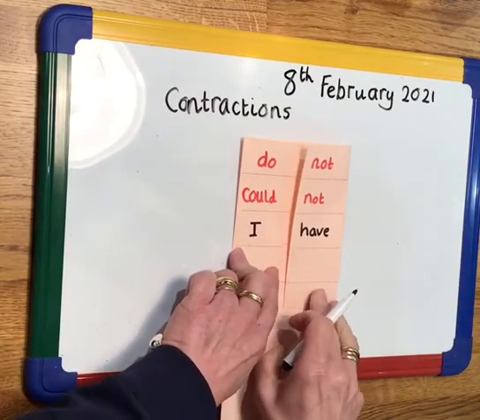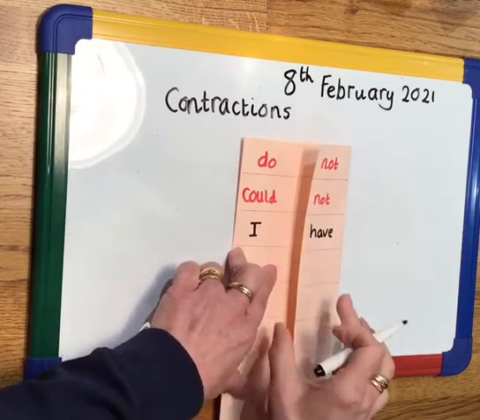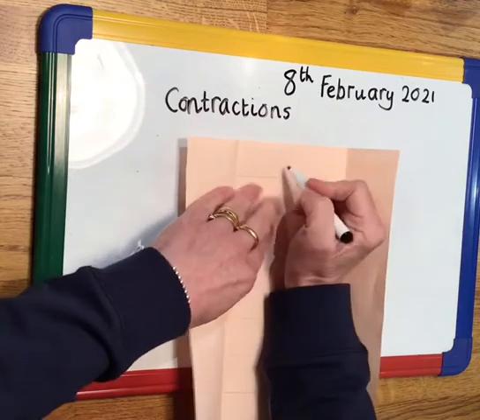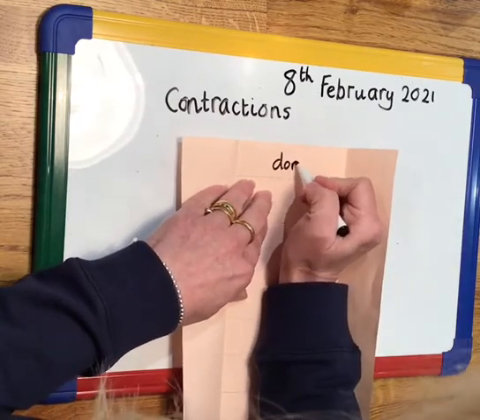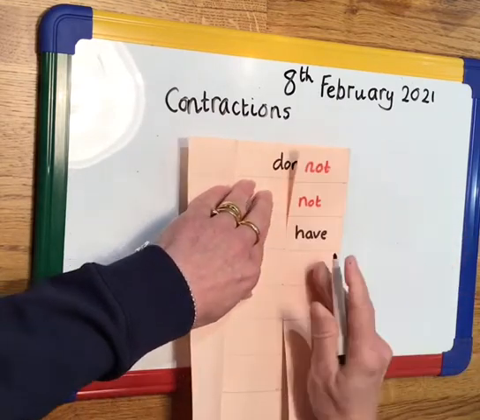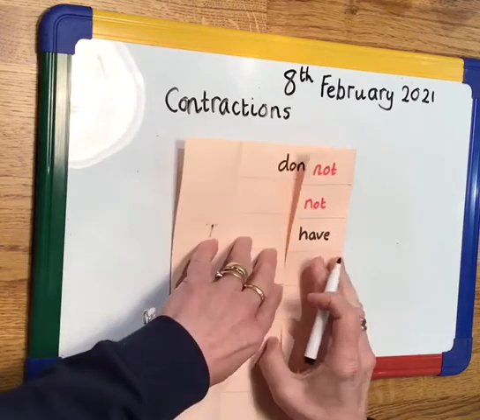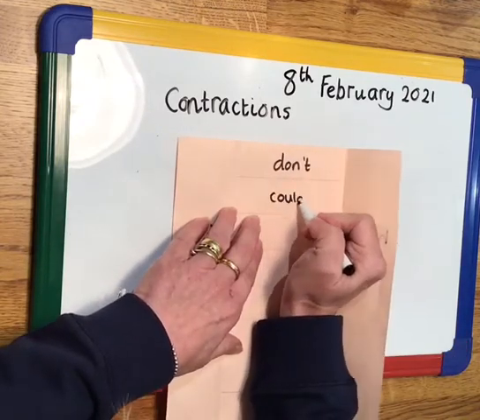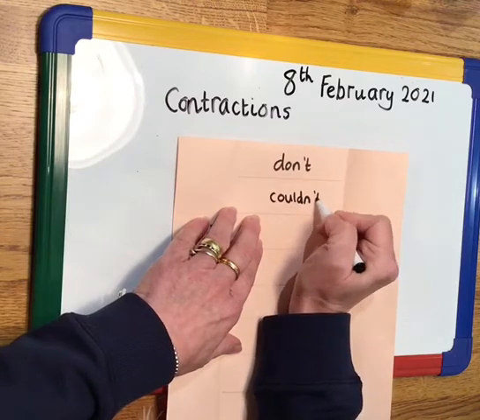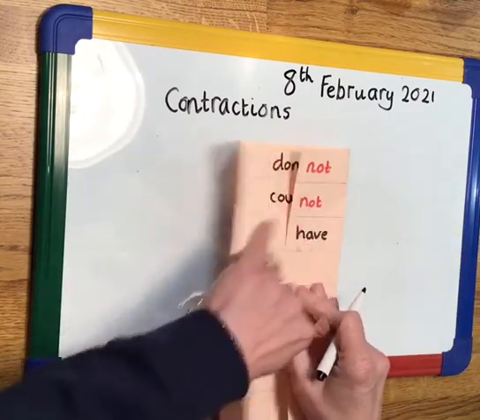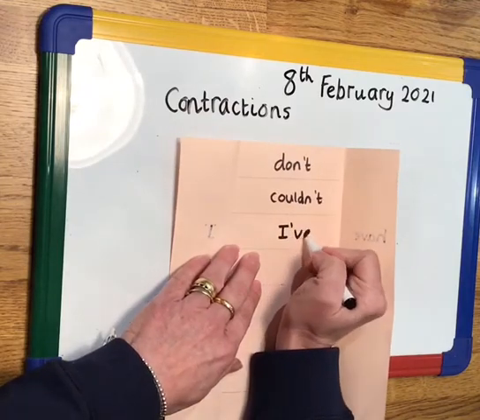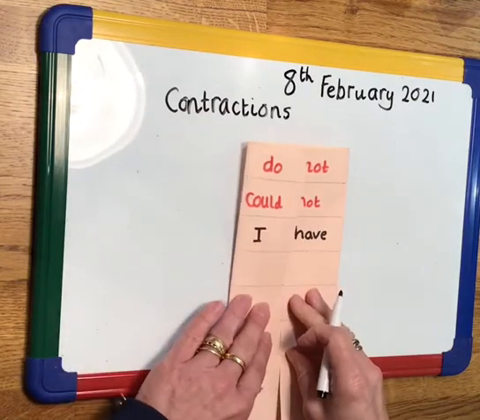You're then going to open it, when you've got all your words there: do not becomes don't. Could not becomes couldn't. I have becomes I've. And you're going to do that for all of the pairs of words that I've given you.